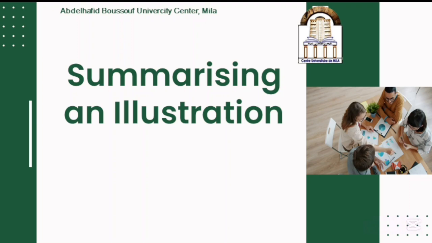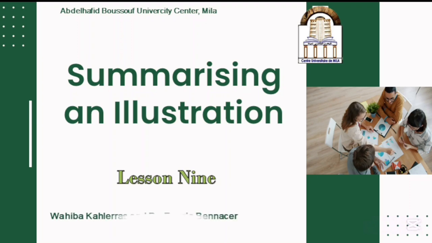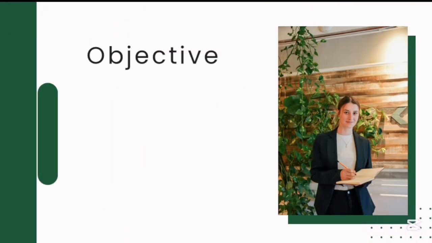This isn't just about listing what you see, but about interpreting the visual information, identifying the core message behind the illustration, and translating it into a concise, accurate, and informative paragraph.